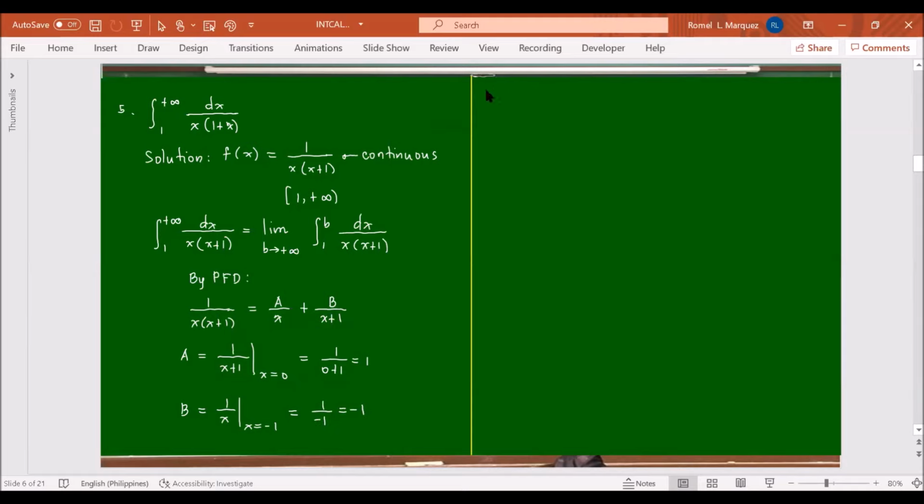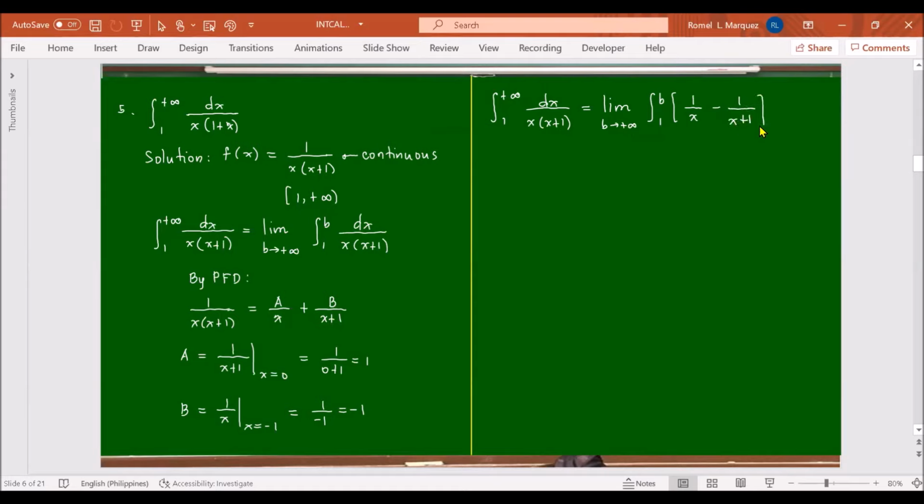Therefore, the improper integral from 1 to positive infinity of dx over x times x plus 1 is equal to the limit as b approaches positive infinity of the integral from 1 to b of 1 over x minus 1 over x plus 1.